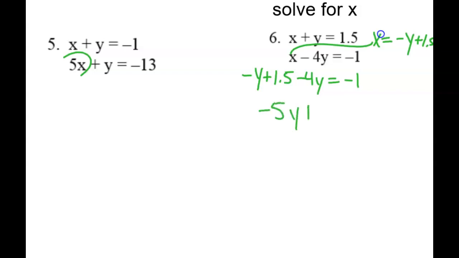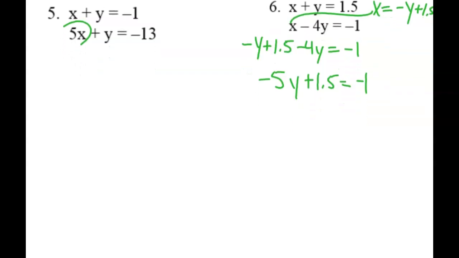Negative 5y plus 1.5 equals negative 1. Fantastic. Now what do I have to do to get y by itself? Minus 1.5 on both sides. Because whatever I do on one side, I have to do on the other. Right?